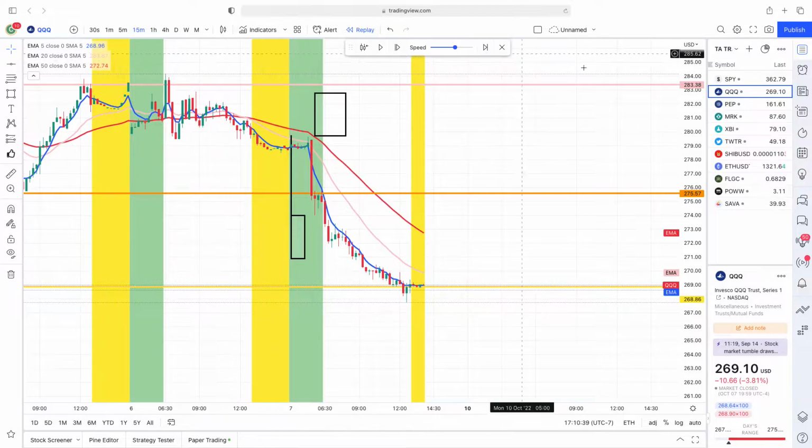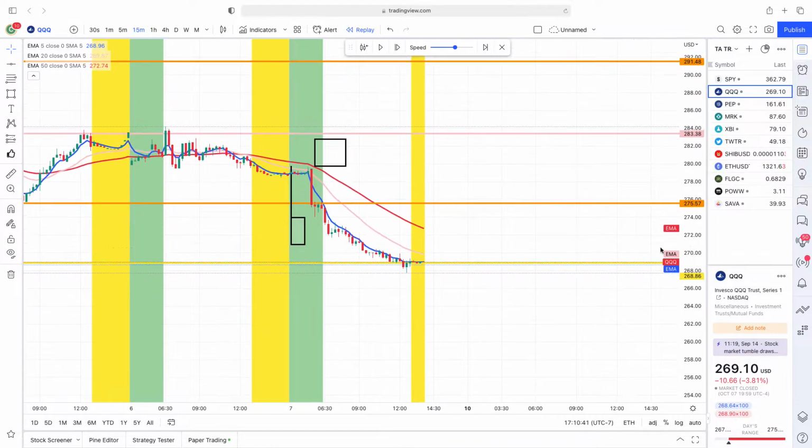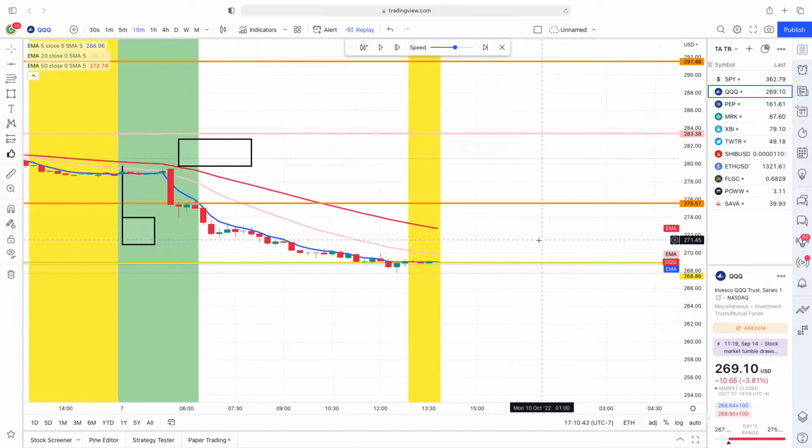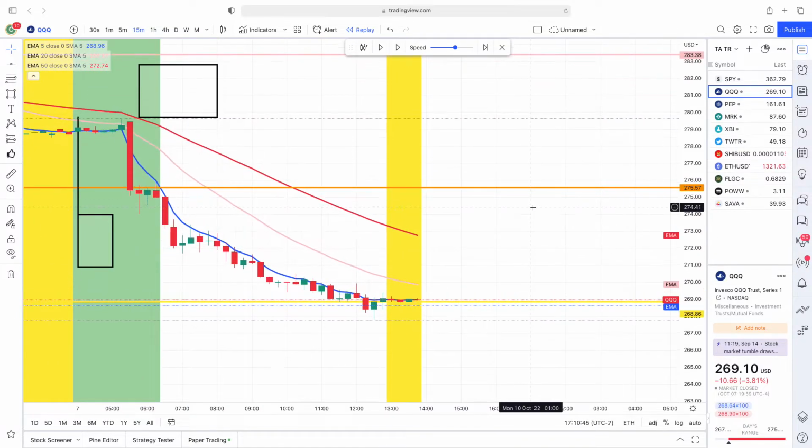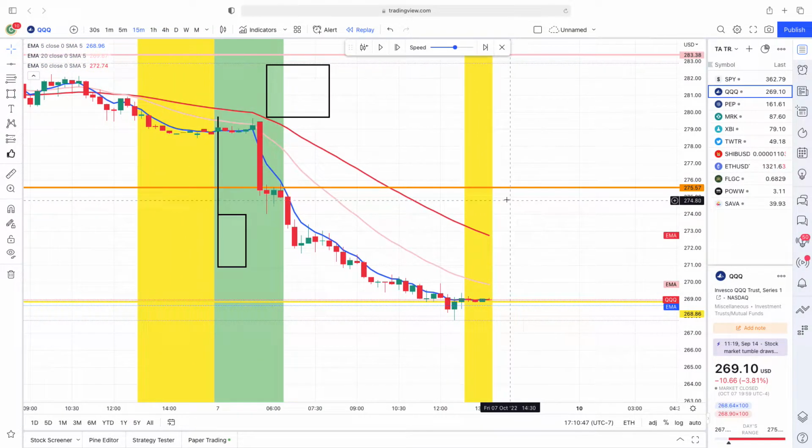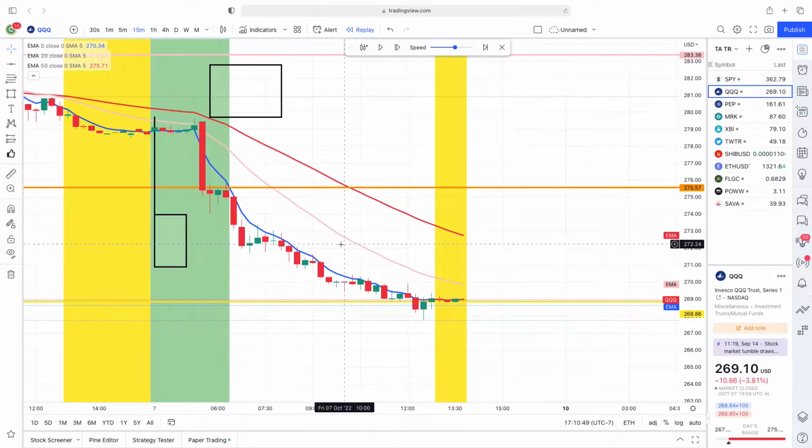All right. So if you're looking at the 15-minute chart, this is what you're seeing. Now this is the optimal EMA setup that I want to see when I am buying puts. You see the EMA 5 is coming down, it's on the bottom, EMA 20 is in the middle, EMA 50 is on top.